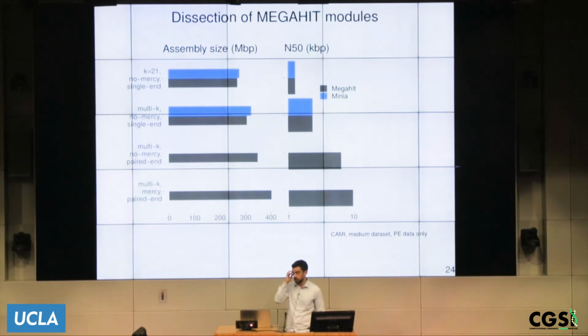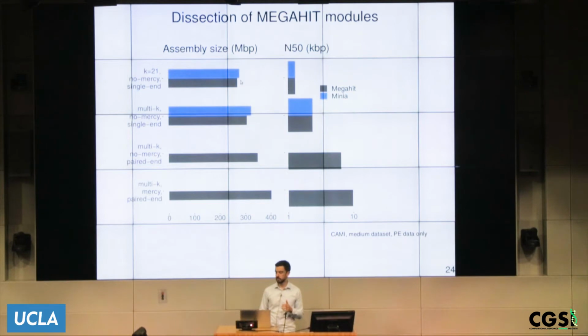I was interested in actually understanding the inner components of metagenome assemblers. So what I did was dissect the megahit software by trying to isolate component by component what it was doing and the effect on assembly quality. Taking one data set from the CAMI benchmark, which is a metagenome assembly benchmark, I ran megahit with just a single k value, so without multiple k, without mercy k-mers and using only single-end reads.